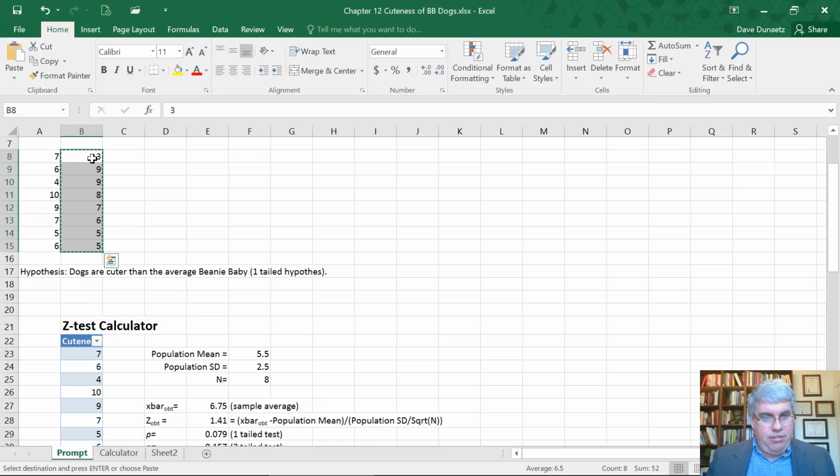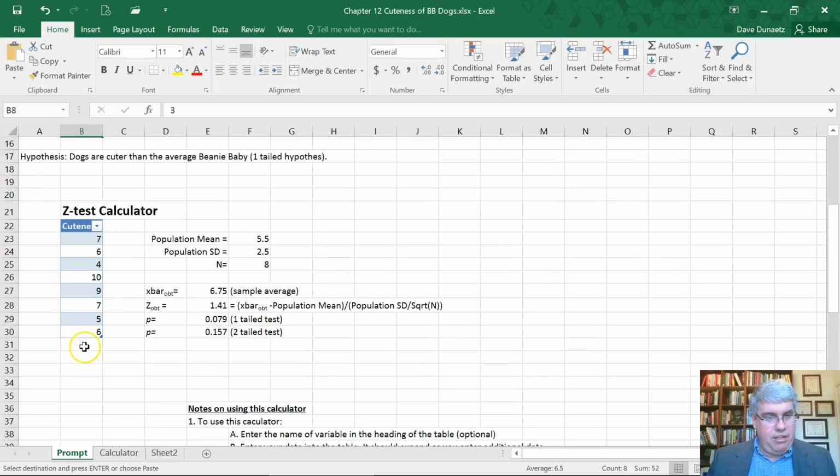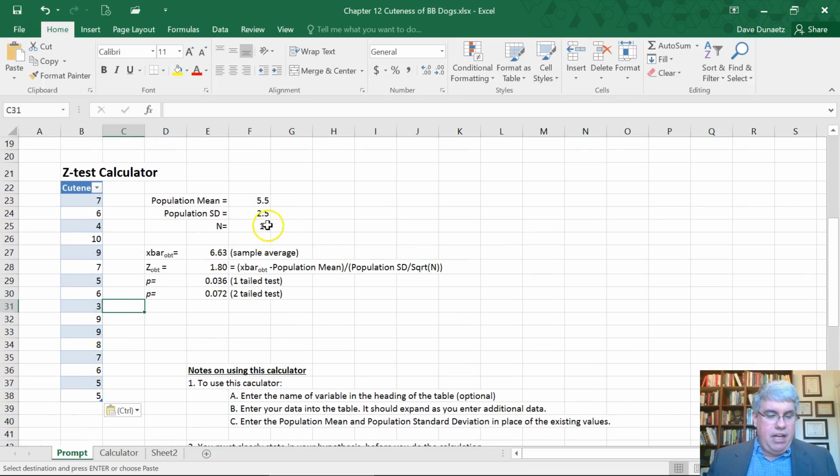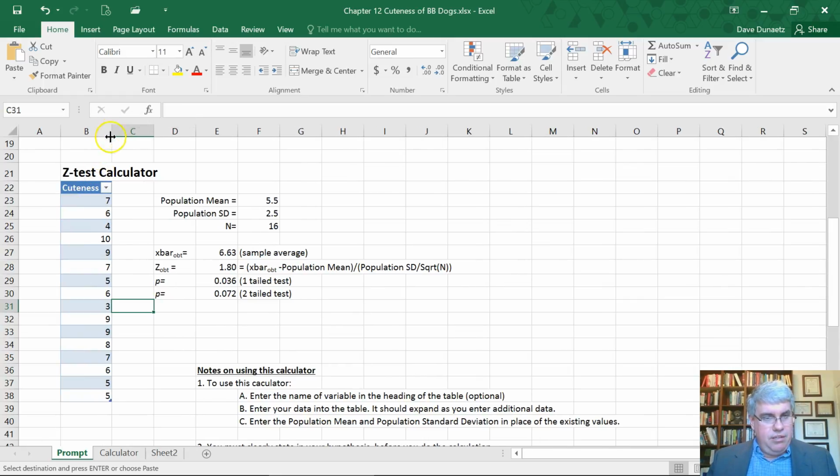And I want to make sure that gets joined up in the table automatically. So I'll put it down there. Control V. And it did go into the table. So now we've got the population mean and standard deviation. There's 16 in the sample because the calculator calculates the number in the sample right away.